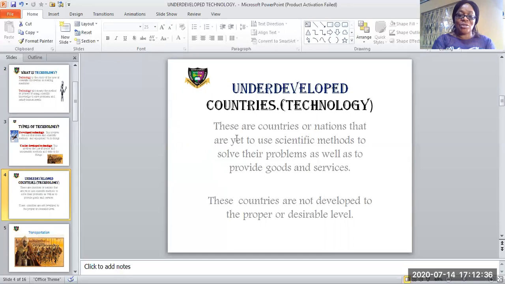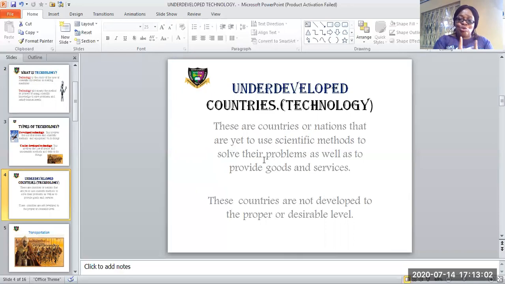So let us look at what the slide says. Underdeveloped countries or underdeveloped technology: these are countries or nations that are yet to use scientific methods to solve their problems. They are yet to use it.